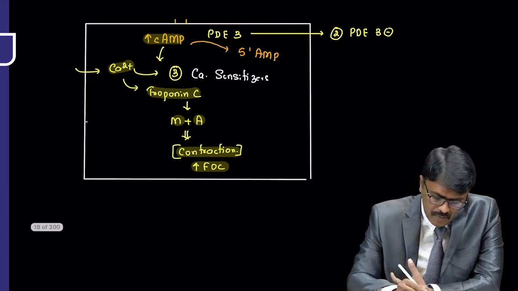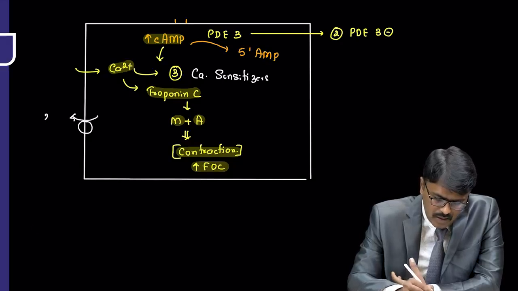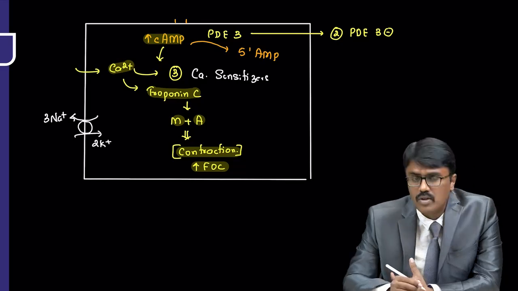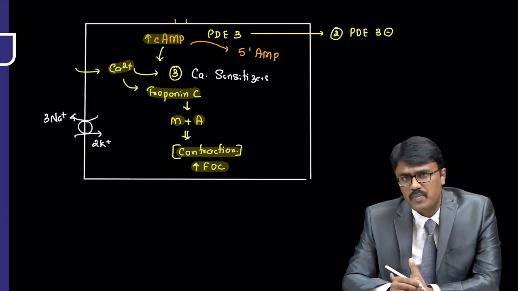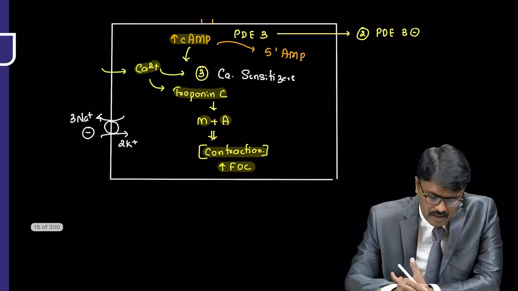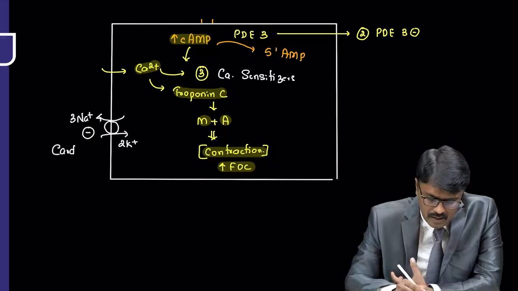And we have a pump that is going to throw 3 sodium out and take 2 potassium in, and that pump is called the sodium potassium ATPase pump. Now this can also be inhibited by certain drugs called cardiac glycosides.